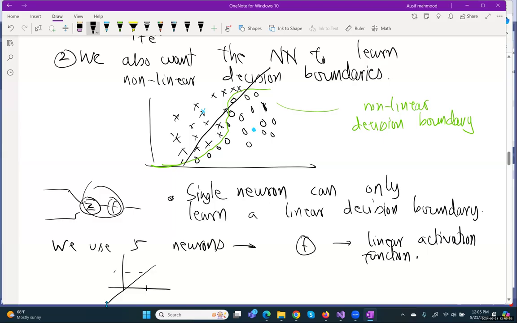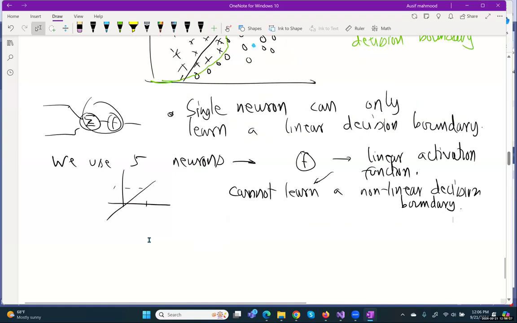So what you will recognize is if we use a linear activation function, then again, it cannot learn a nonlinear decision boundary. And you can very easily see why that is the case.